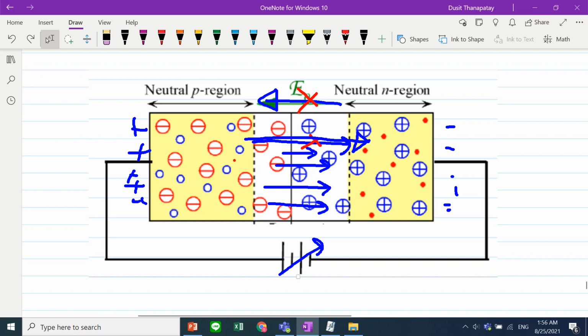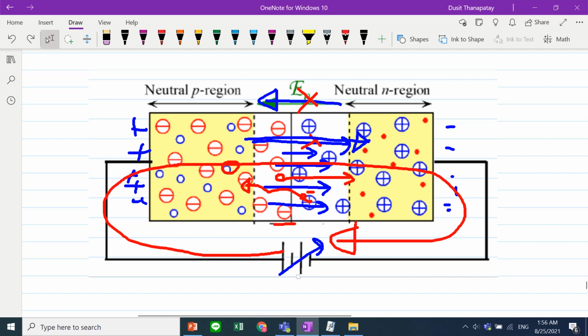That means holes can now move to this side, and electrons in this resultant electric field can move to this P region. So now electrons and holes can flow freely between these regions. In this situation, the current can flow in the circuit.